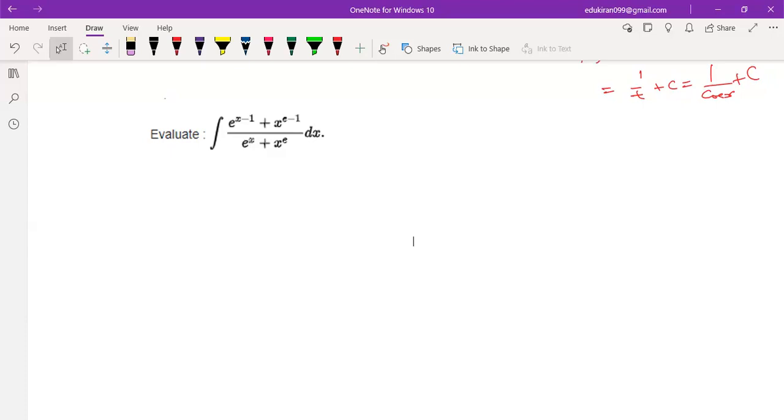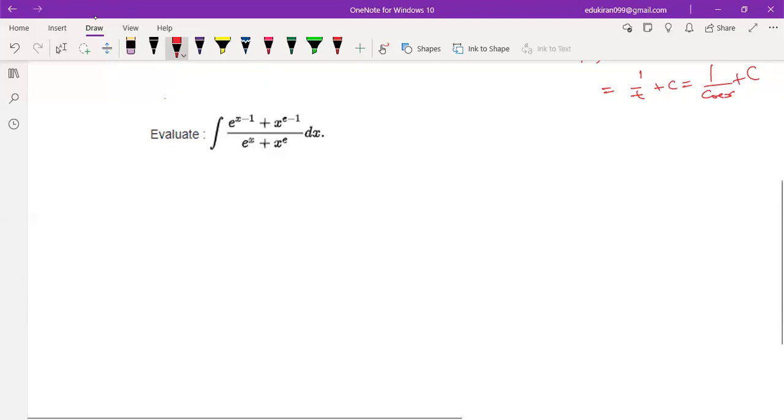As I gave an example of substitution method, you have to solve this with the help of substitution method. So you have to do a proper substitution here.